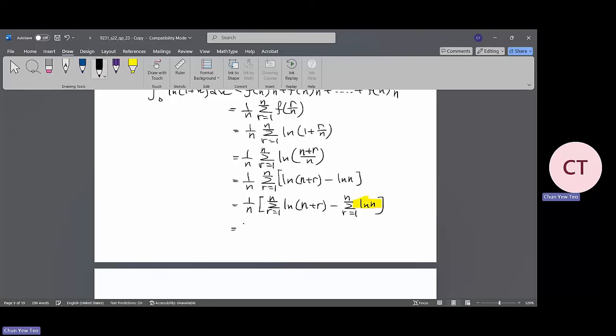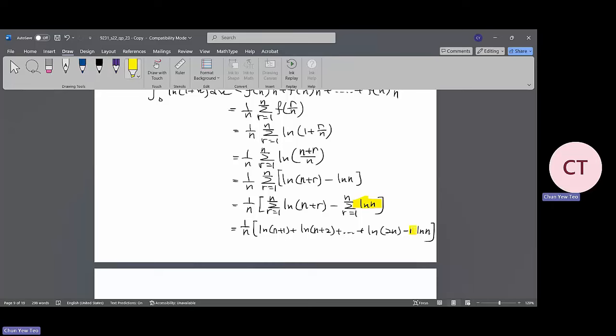What we are doing now is that for the first series, I will expand it out and list it out. I get ln(n + 1) plus ln(n + 2), keep on increasing the value of r until r reaches n, so it will be n plus n, which is 2n. The second one I write as n ln n.